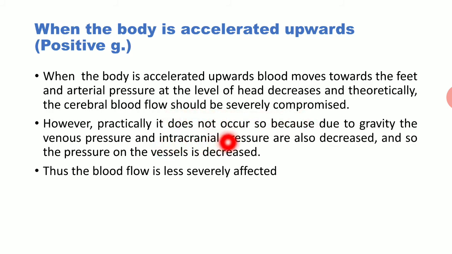However, practically it does not occur, because due to gravity the venous pressure and intracranial pressure are also decreased, so the pressure on the vessel is decreased, thus blood flow is less severely affected.